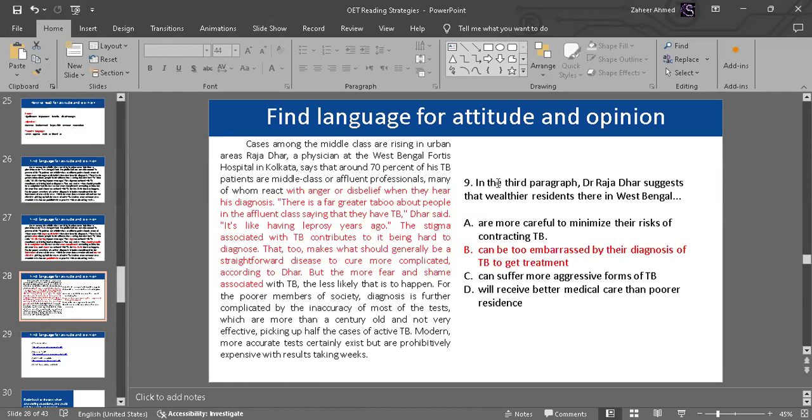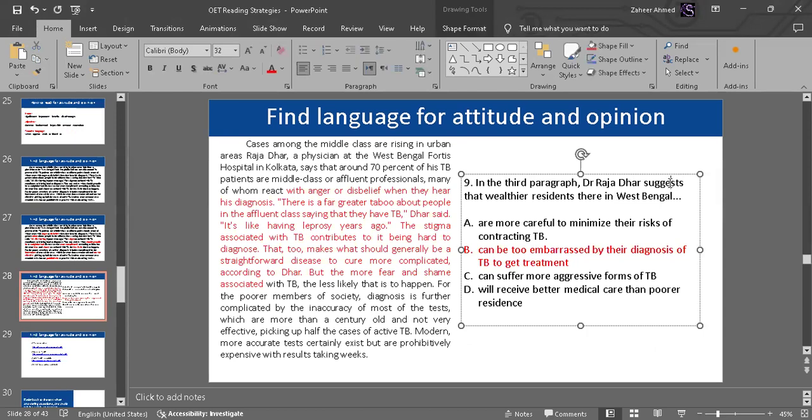So here they said in the third paragraph, before reading this, in the third paragraph, Dr. Rajadar suggests that the wealthier residents, so it means the question is about opinion, right? So what is his opinion about rich people? What did he say?